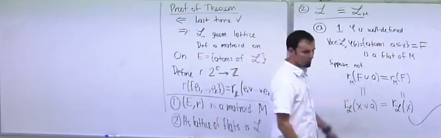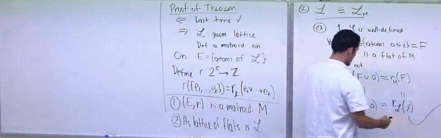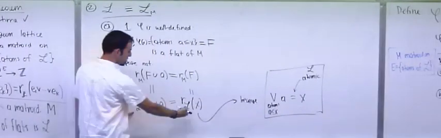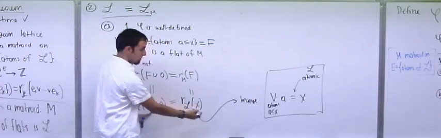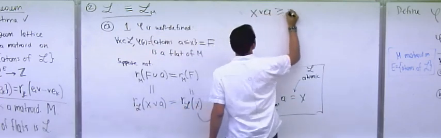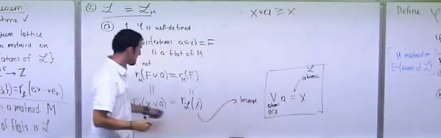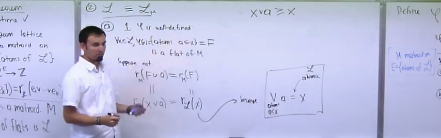Oh no. This is easier, because the point again is that I have these two elements of the lattice. This one is bigger than this one, and they have the same rank. So if they have the same rank and one of them is bigger than the other one, then they have to be equal.